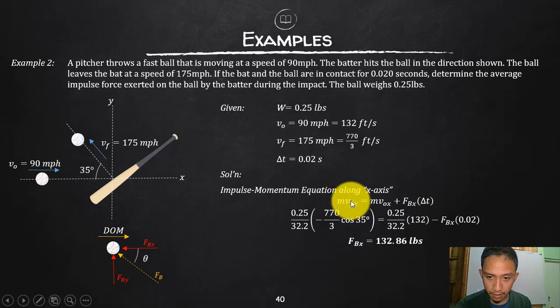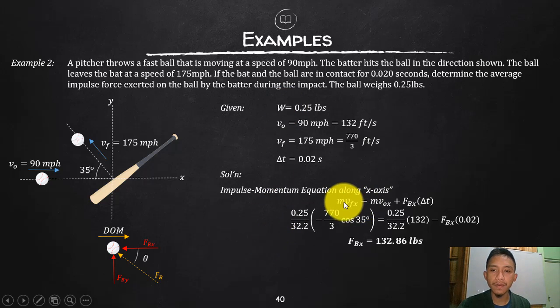So mass times final velocity along x. What is the final velocity? That is 175, which is converted into 770 over 3. And your mass comes from the weight divided by gravity, so that is 0.25 divided by 32.2.